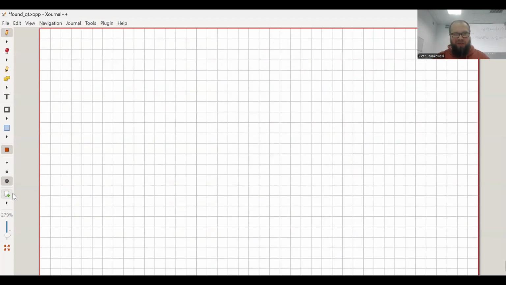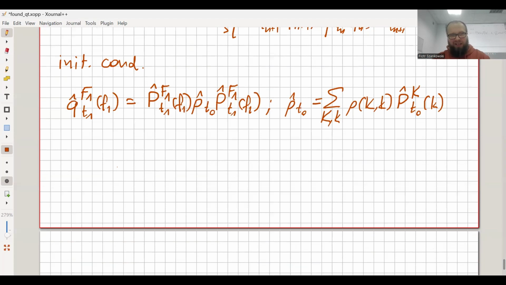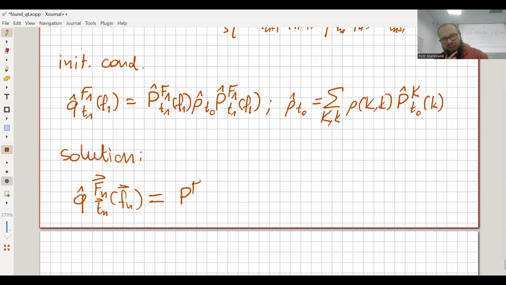But the solution I want to show is a solution. It's Q Fn Tn Fn equal to P Fn Tn Fn, and you have this whole sequence of projectors until you reach T1.